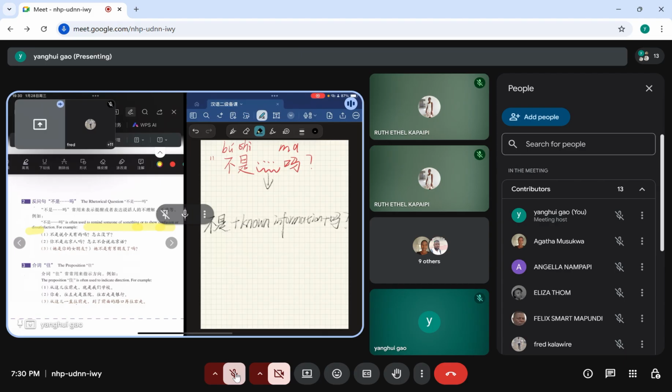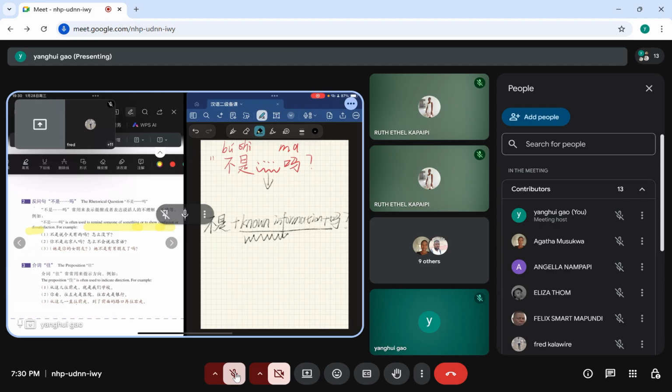So the basic structure is like this: 不是, then known information, then 吗. To give a reminder or to express the speaker's confusion or dissatisfaction. So it's a reminder or a doubt about the known information.